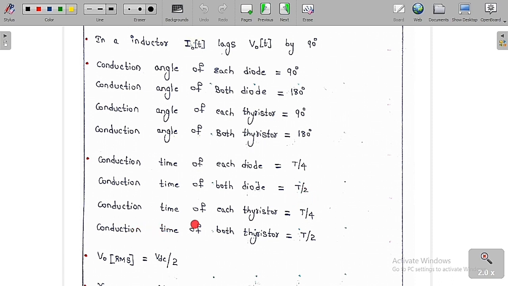Similarly, the conduction time of each thyristor is equal to T by 4, whereas the conduction time of both thyristors or both switches is equal to 2 into T by 4, which is T by 2. So with the help of this, we know the conduction angle and also the conduction time for each switch and each diode, or both switches and both diodes.